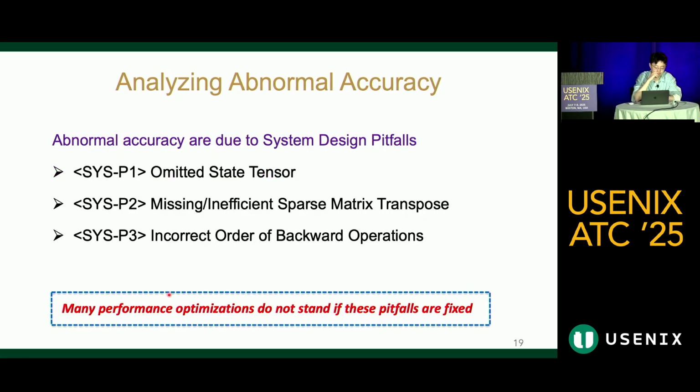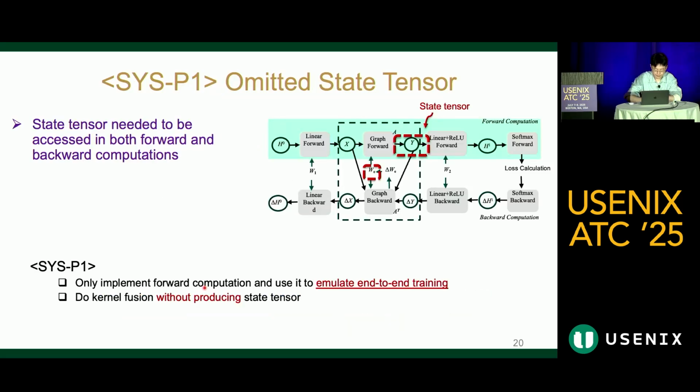Based on that, we did a code study of their code, and we summarized several system design pitfalls which lead to these abnormal accuracies. But the most important thing we want to show is that even if we can fix those pitfalls, after we fix them, those performance optimizations will not work anymore.